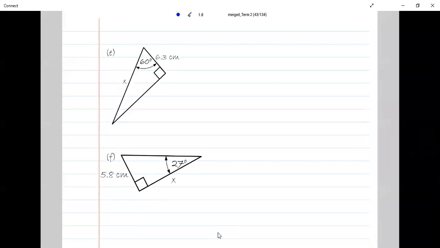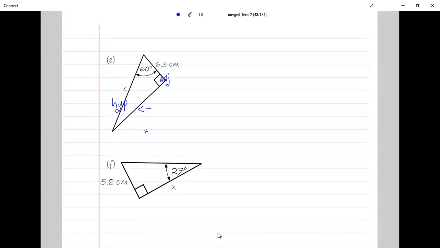All right, let's have a look at example E. In example E, the side in front here would be opposite, where x is in front of the right angle would be the hypotenuse. And so this side where the 6.3 is would be the adjacent side.